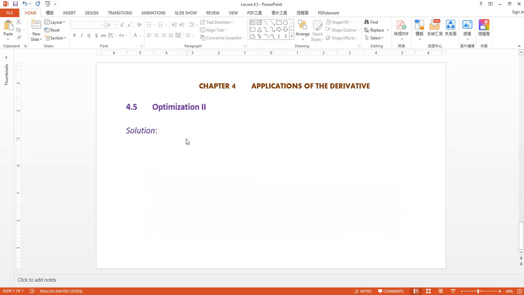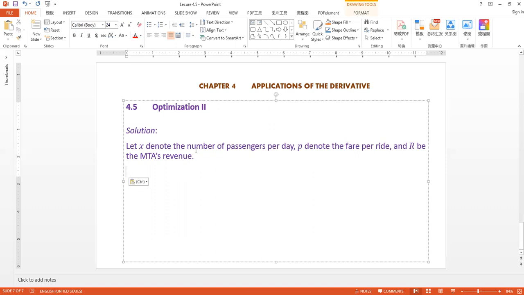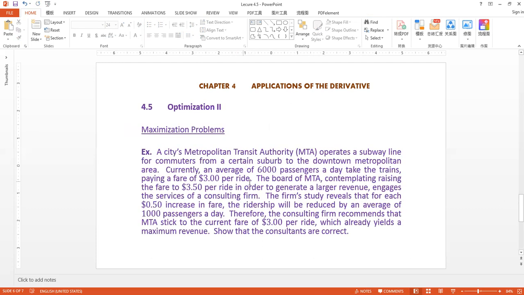That's what we're trying to maximize, right? So let's start this problem by assigning the variables. Let X denote the number of passengers per day, P denote the fare per ride, and R be the MTA's revenue. From the condition of the problem, for each 50 cents increase in fare, the ridership will be reduced by an average of 1,000 passengers.